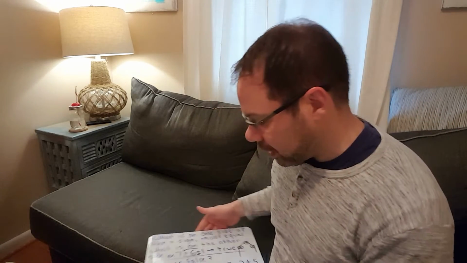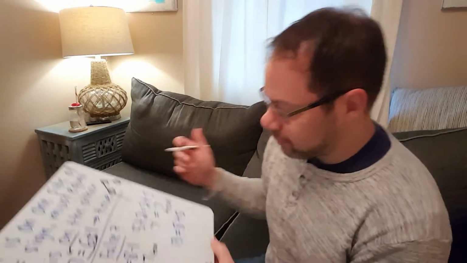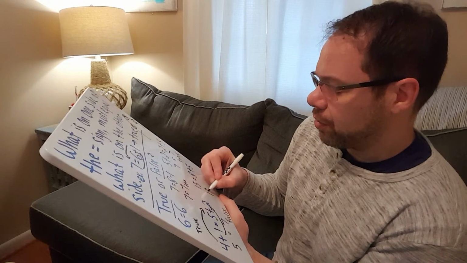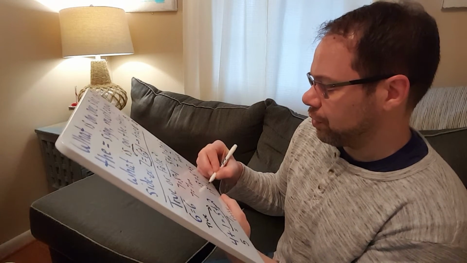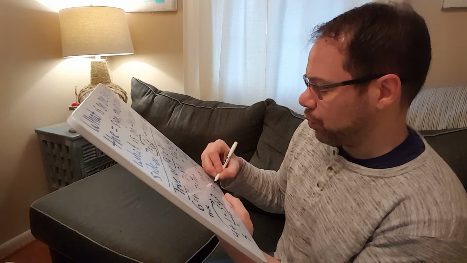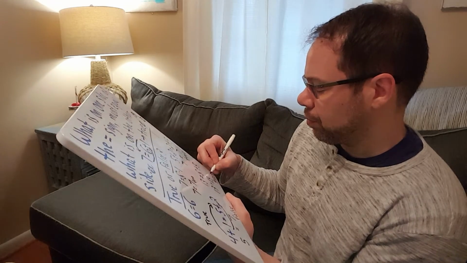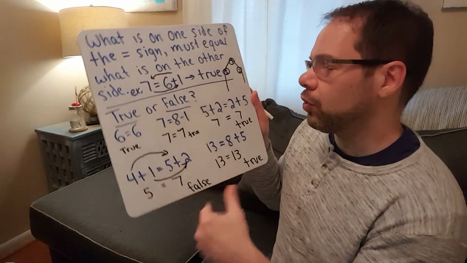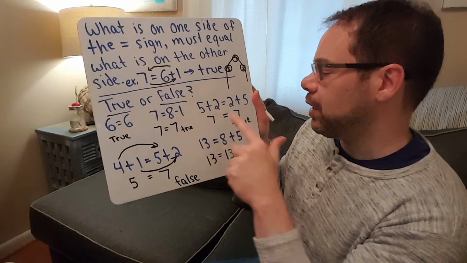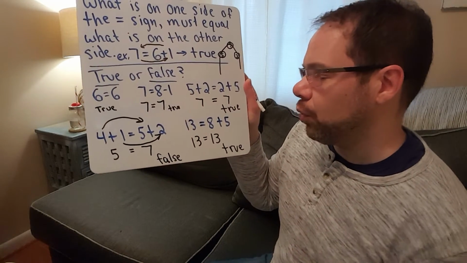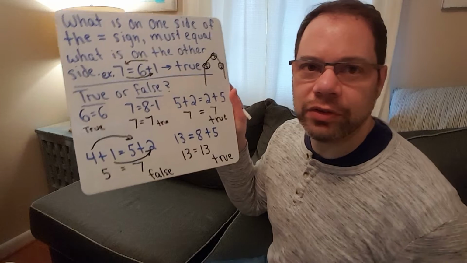Okay, 3, 4, 5. So that's going to take me to 13. So 8 plus 5 is equal to 13. 13 is equal to 13, correct? So that one would be true. So 1, 2, 3, 4 of these were true. One of them is false.